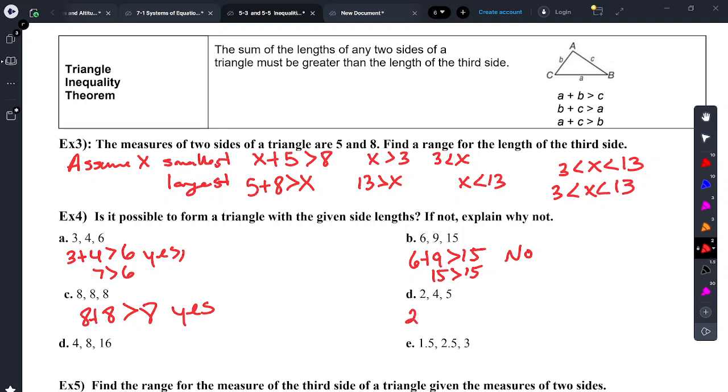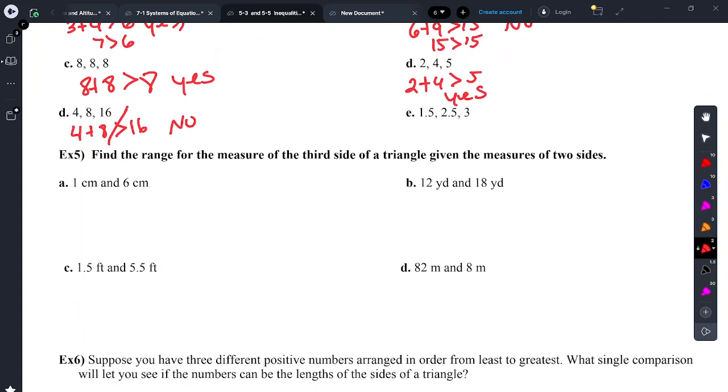What would you do? Does 2 plus 4 greater than 5? Yes. 4, 8, 16. Because 4 plus 8 is greater than 16? No. It's not greater than 16, right? Got it? All right.